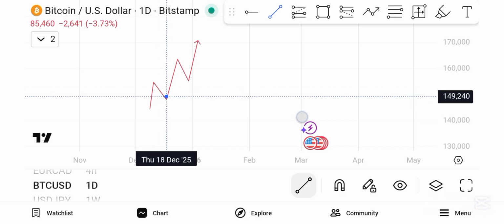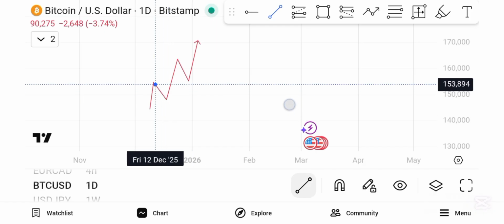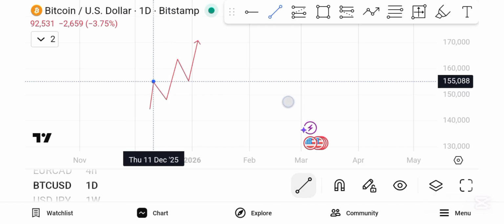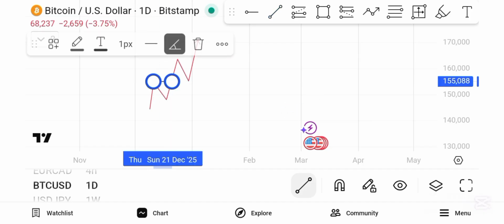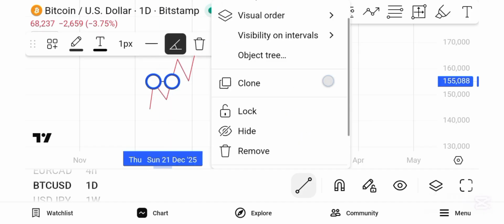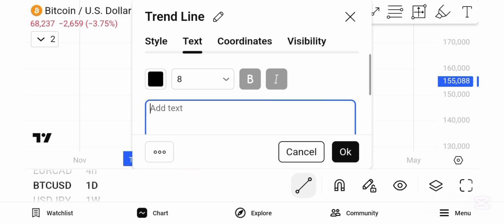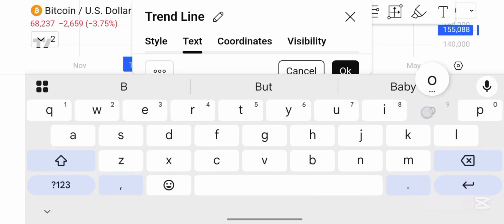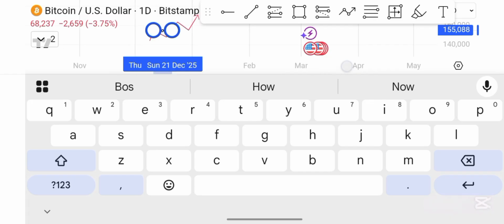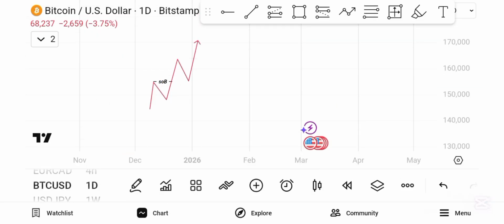For this to be a valid bullish market, it must take out the previous higher high. When it takes it out, it's called a break of structure, BOS in short.